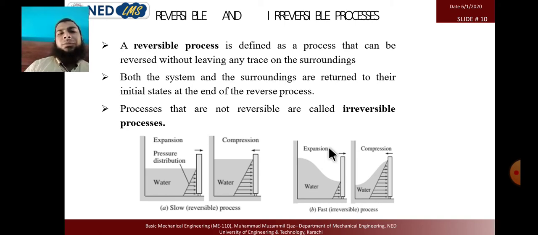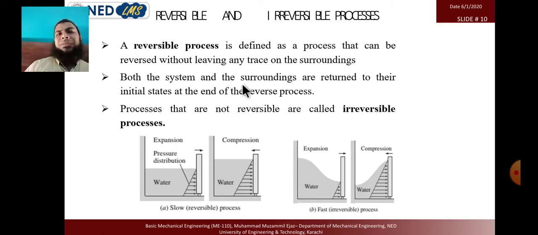So first we have to differentiate between the two in thermodynamics. A reversible process is defined as a process that can be reversed without leaving any trace on the surrounding. Both the system and the surrounding are returned to their initial state at the end of the reverse process. Processes that are not reversible are called irreversible processes.